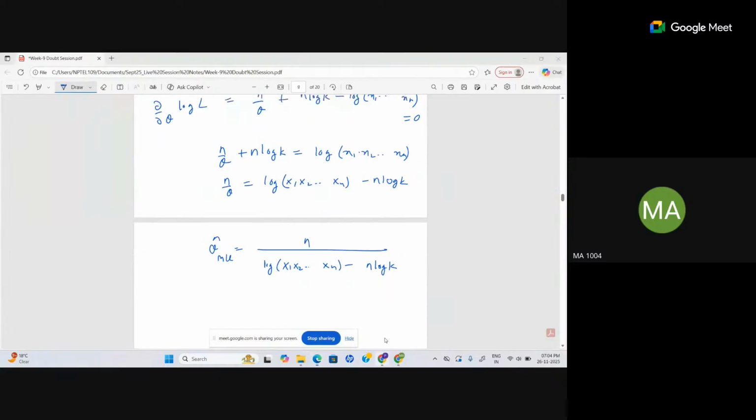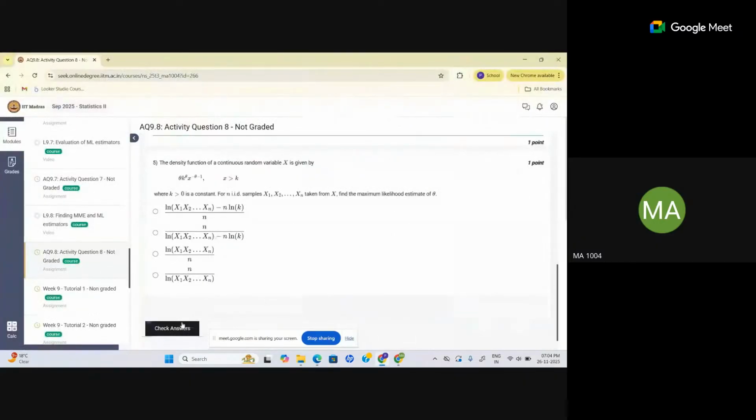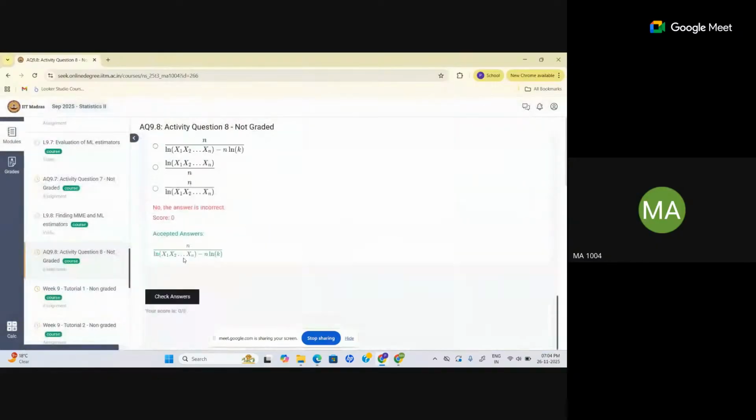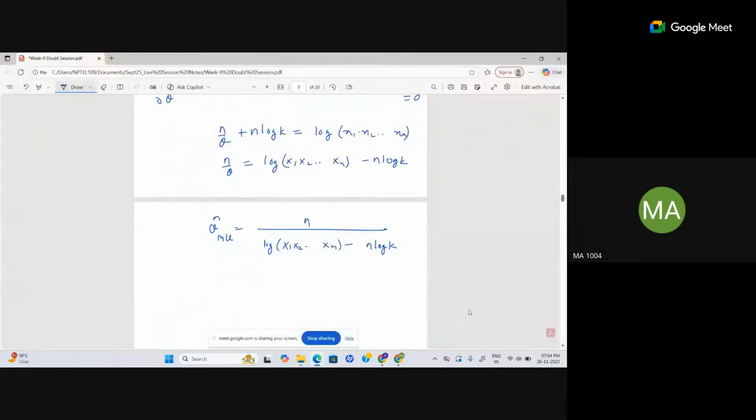So you can check which option is correct. Option number B will be correct. You can check n divided by log of product of x1, x2 up to xn minus n log k. Yes, ma'am.